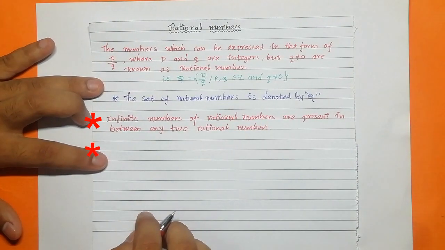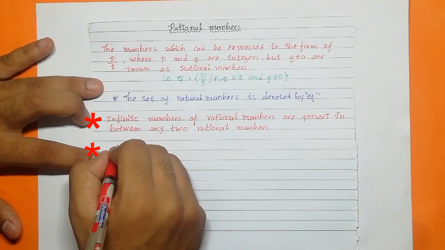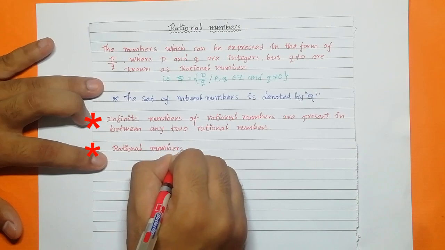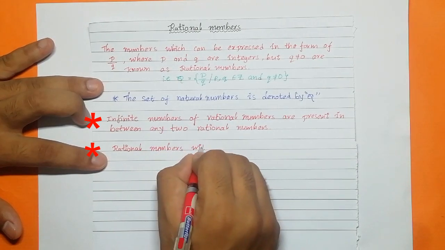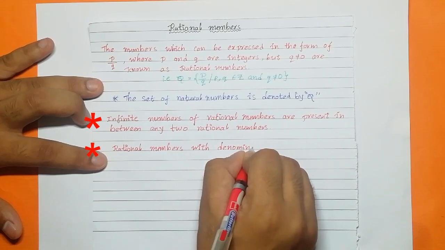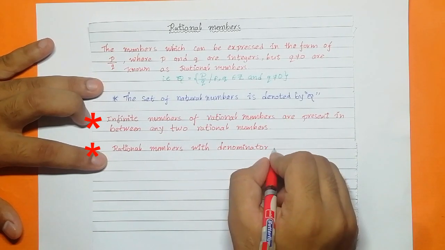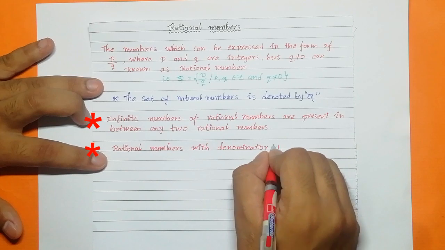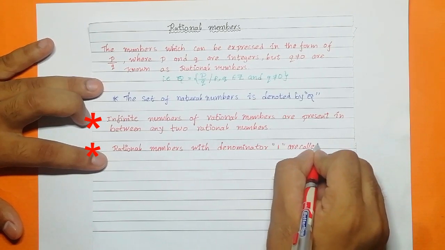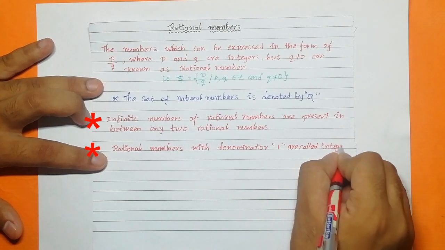And the second point is rational numbers with the denominator 1 are called integers.